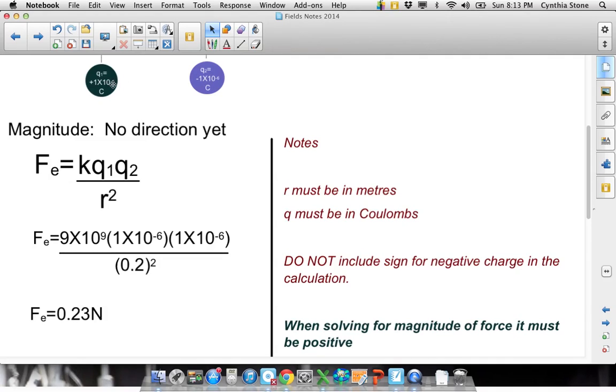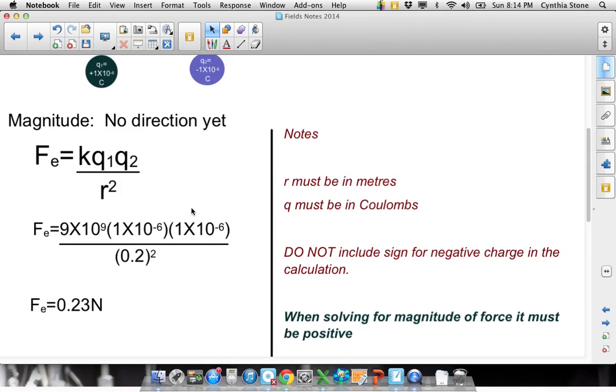What way would that be? Well, if nothing else was going on in the universe, only these two charges sitting here, this charged object would feel a force towards the negatively charged object because opposites attract. That's how you figure out the direction of force in electric force.